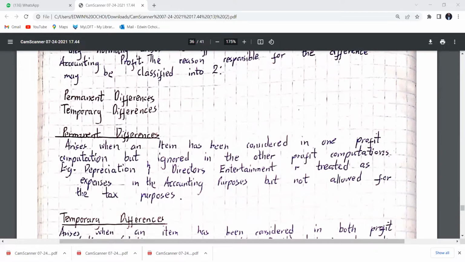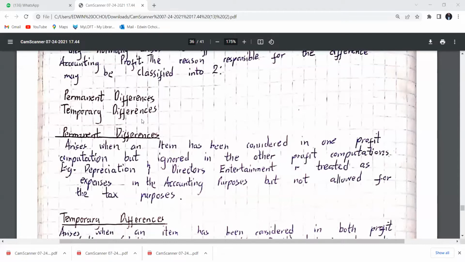Remember, when doing the accounting profit, things like depreciation, amortization, donations, those are considered to be normal expenses. They are allowable expenses. But for the tax purposes, they are considered to be disallowable expenses. I think you did tax. You did the introduction to tax, or about disallowable and allowable.